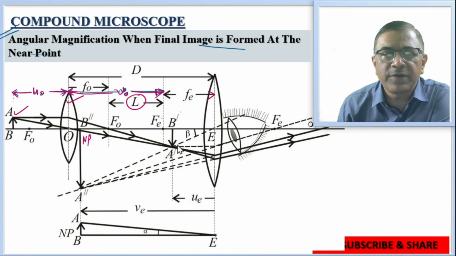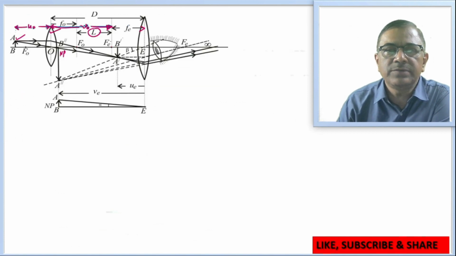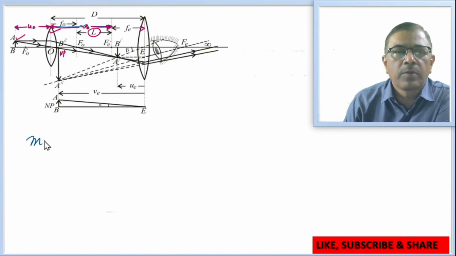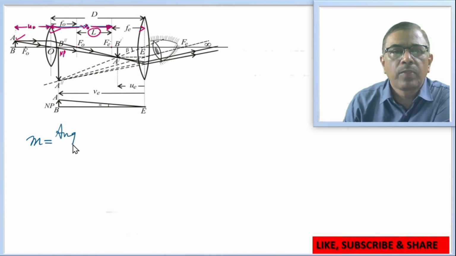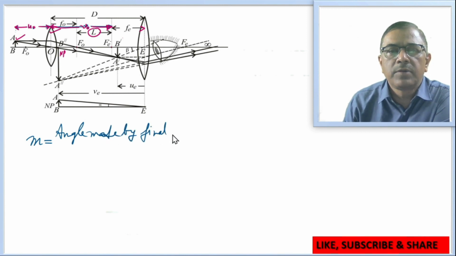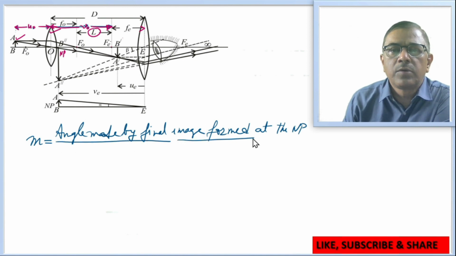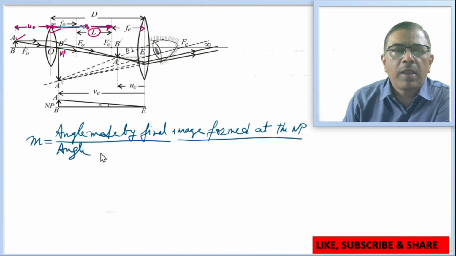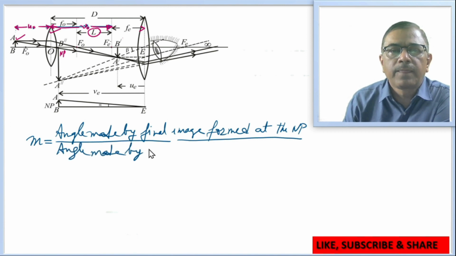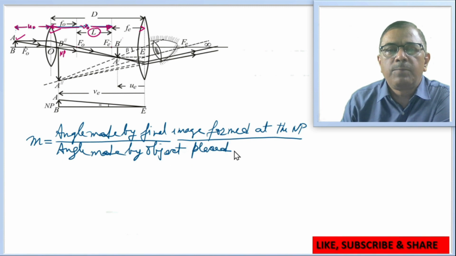And hence, angular magnification in this case is given by the expression M is equal to angle made by final image formed at the near point upon angle made by object placed at the near point.